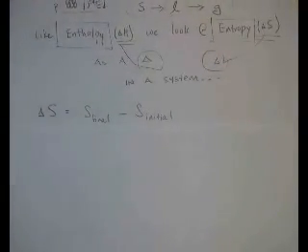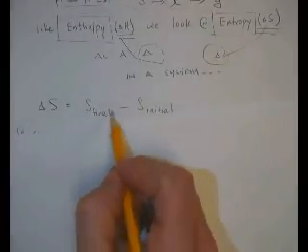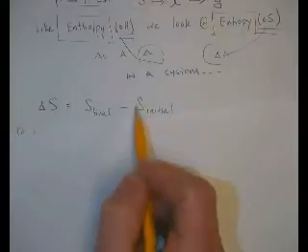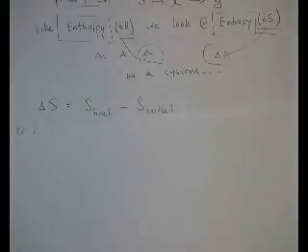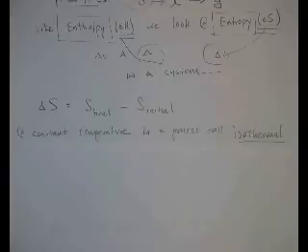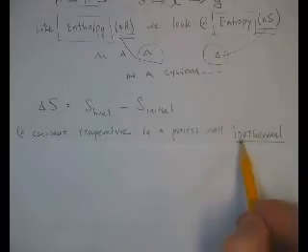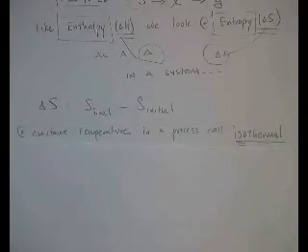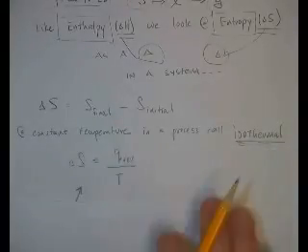To calculate the entropy change of a system, we do the same thing that we did with the enthalpy. We take the final entropy of a system and subtract from it the initial entropy of the system. If entropy needs to be calculated at a constant temperature, in a process that is known as isothermal, iso meaning one, thermal meaning like thermodynamics, at one constant temperature, then we can use this equation.